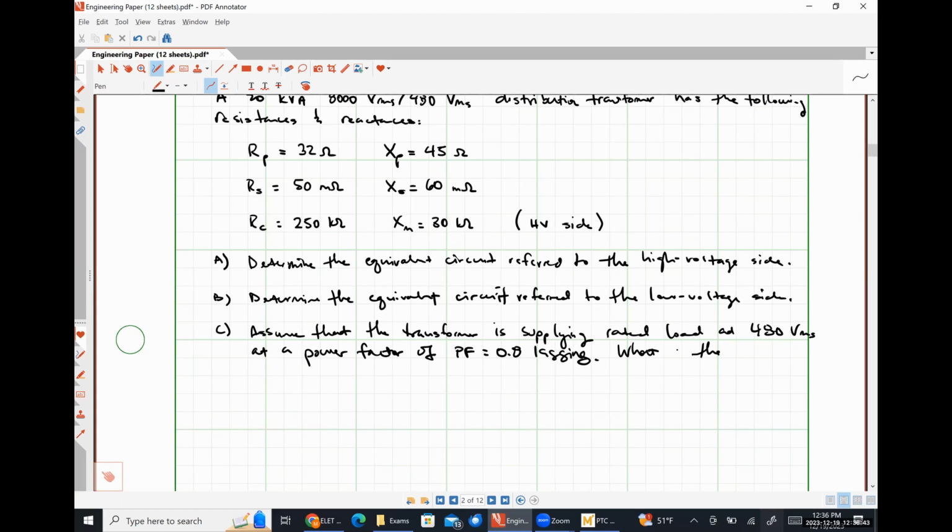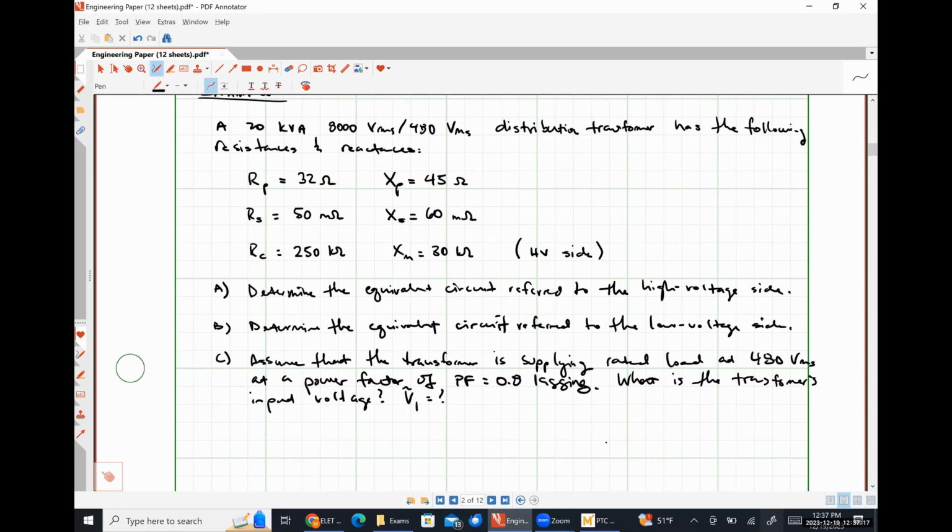What is the transformer's input voltage? So effectively, we're trying to find what V1 must be equal to in order to cause our transformer to supply rated power when we have 480 volts across the terminals of our secondary.